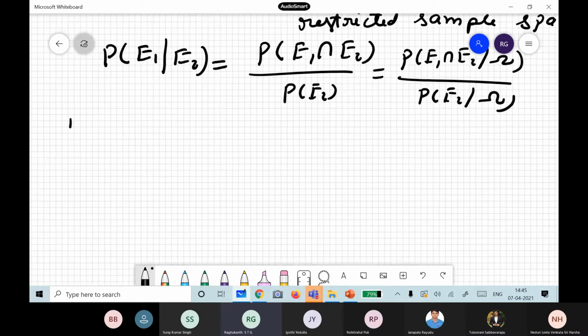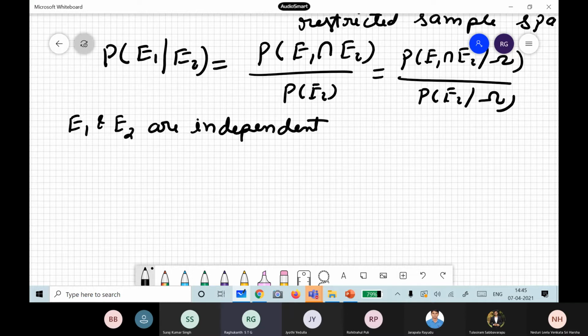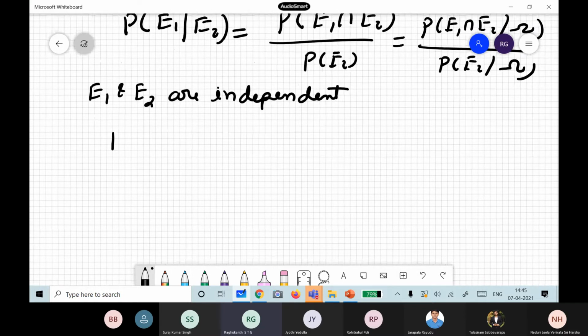Now suppose E1 and E2 are independent. So now what happens to the probability? They are independent, so E1 doesn't depend on E2 itself. Now how do you write this probability?